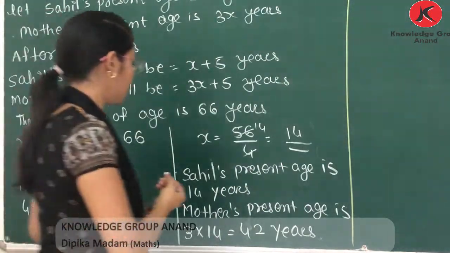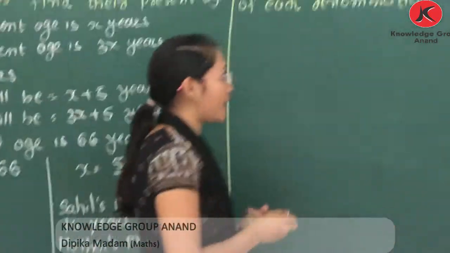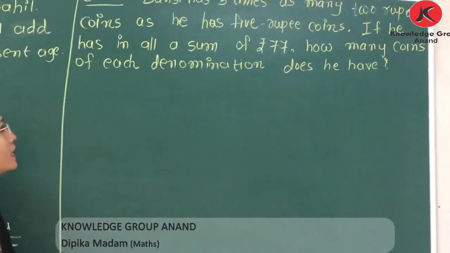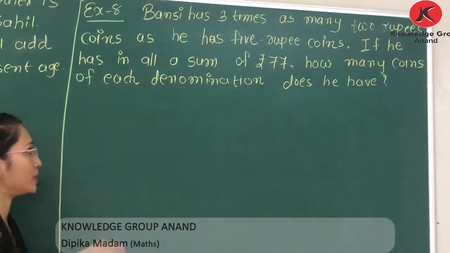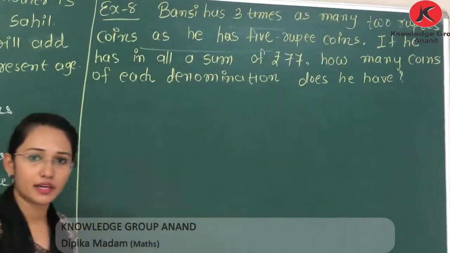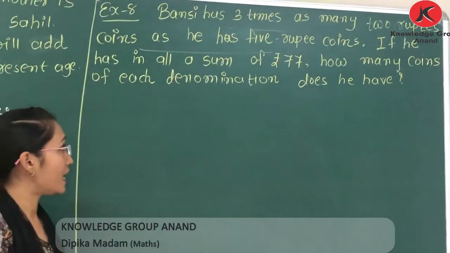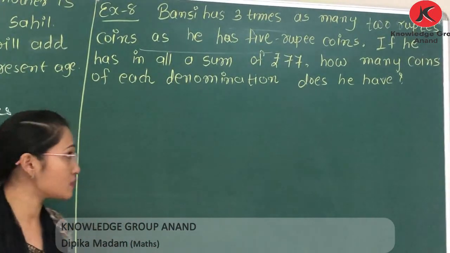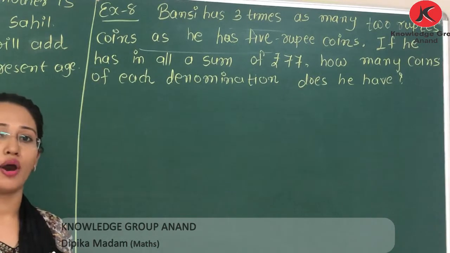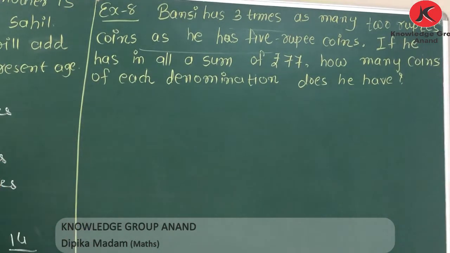Next example. Bansi has 3 times as many 2 rupees coins as he has 5 rupees coins. Read this first statement properly. It is written that Bansi has 3 times as many 2 rupees coins as he has 5 rupees coins. Means the number of 2 rupees coins is 3 times the number of 5 rupees coins.